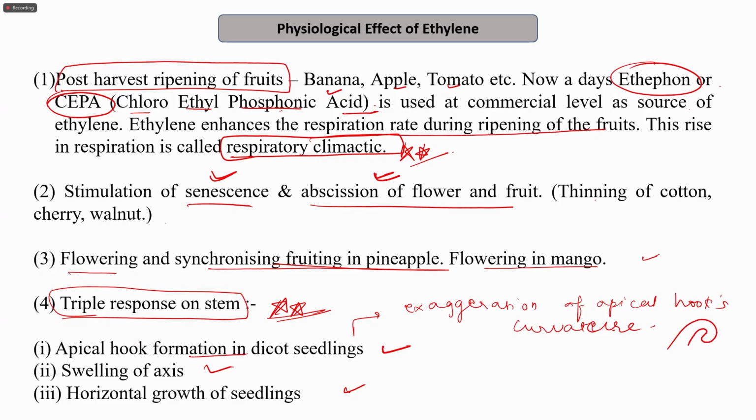It leads to the thickened hypocotyl, horizontal growth of the seedling. Therefore, it leads to inhibition of hypocotyl and root cell elongation.